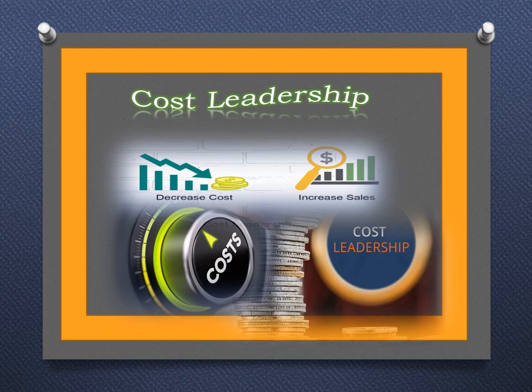The answer is Micromax. If you are going for cost leadership, then you can't take more profit. You have to operate on 2%, 3% or 5% because what's your strategy here? Only volume sales. So, sell your product by taking a 5% margin and the cost leadership strategy will be applied to your product.